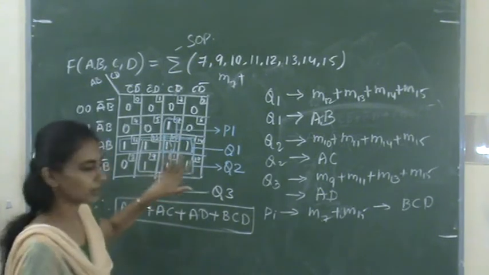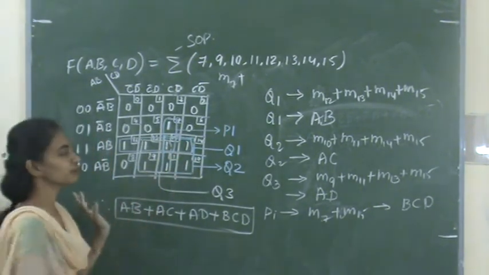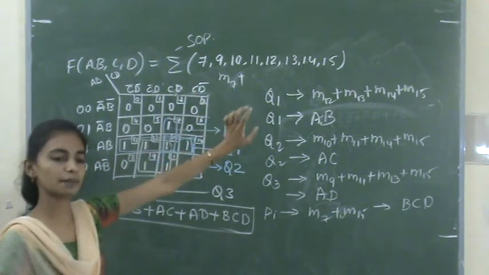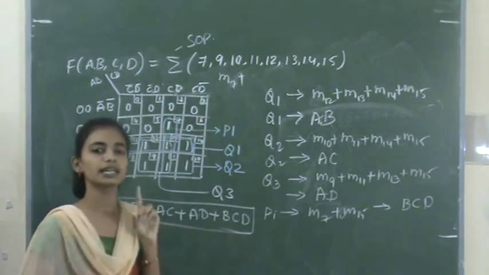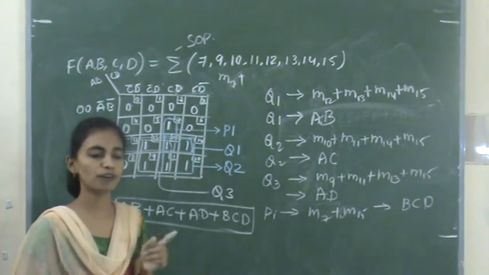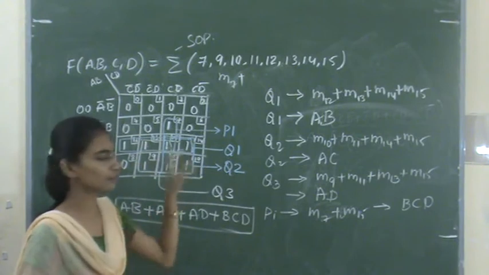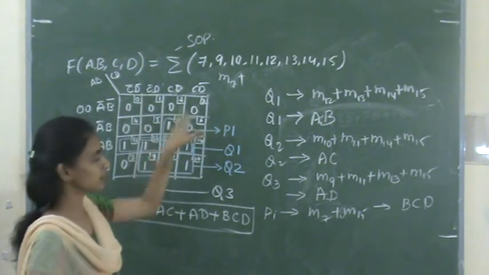Listen, I will tell once again. What is the first step? The first step is we have to write a K-map with the help of 2 power n squares. First write the K-map, and fill in all the variables and the values.